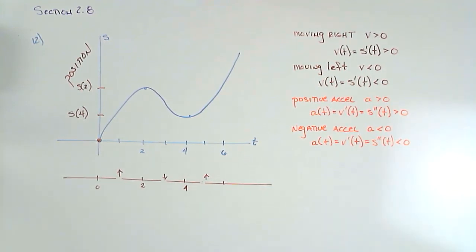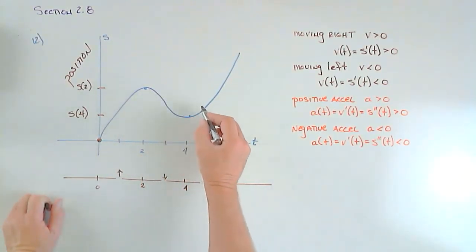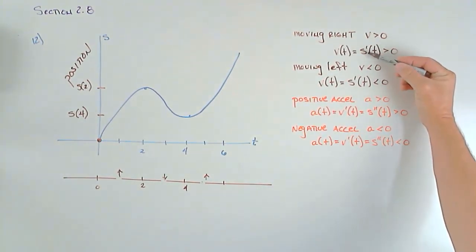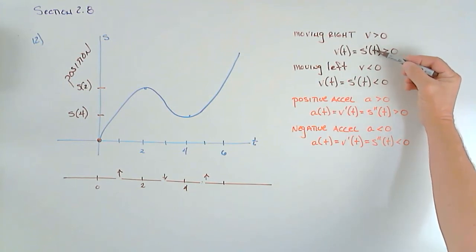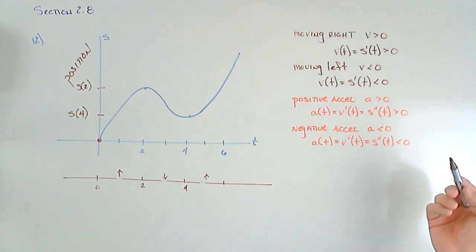Now, why do I care about that? Why do I care when my function is increasing versus decreasing? Well, because increasing is when its derivative is greater than 0. That's when a function is increasing. That's one of our 4 definitions from section 2.8.